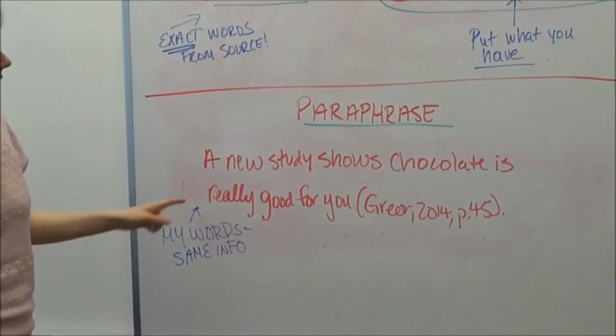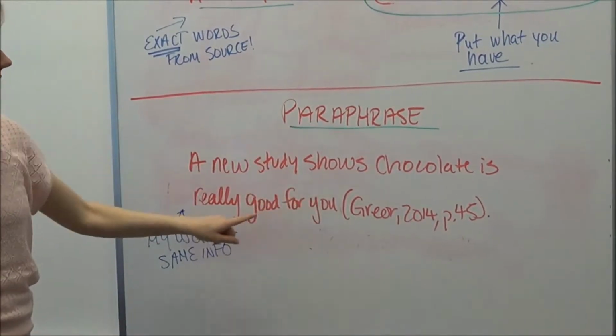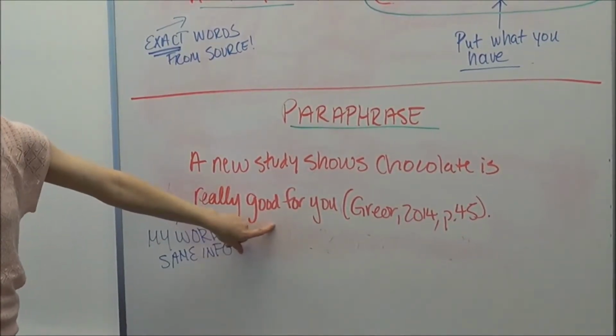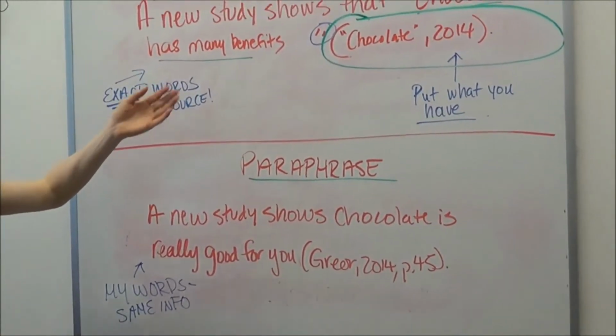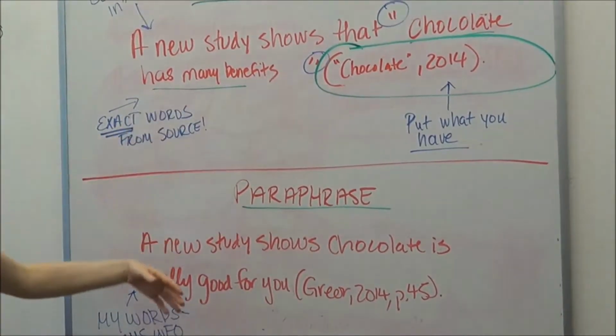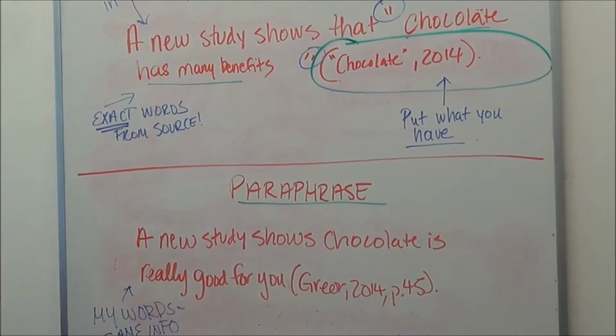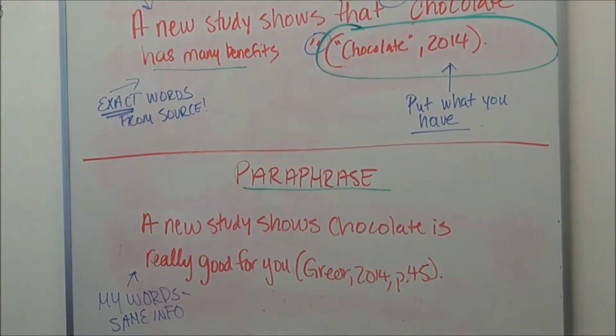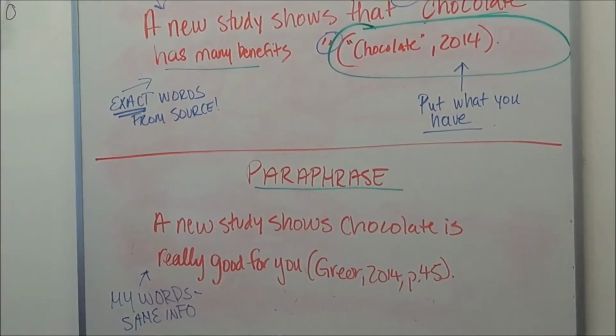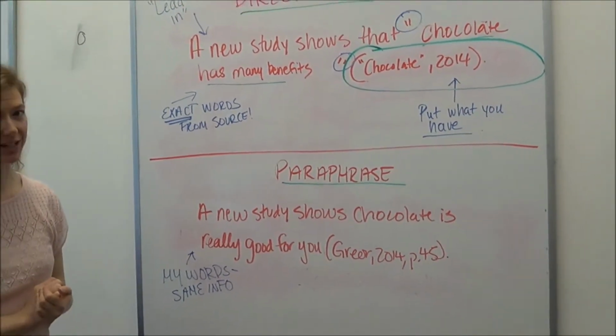A new study shows chocolate is really good for you. Okay, so I'm saying the same thing. Chocolate has many benefits is the author's words. Chocolate's really good for you, my words, same meaning. But just because it's my own words does not mean I don't have to cite it.